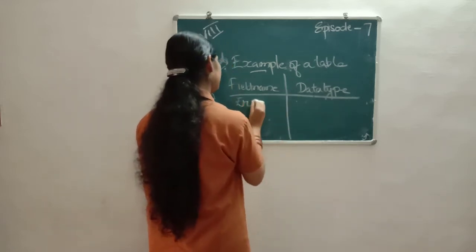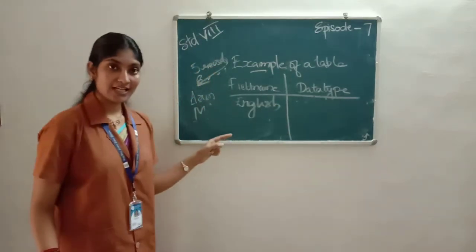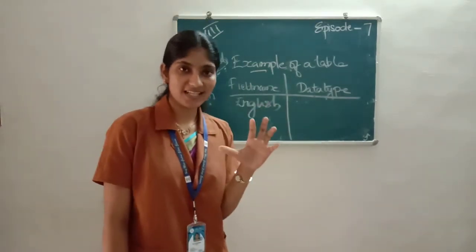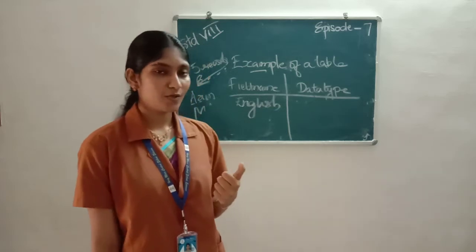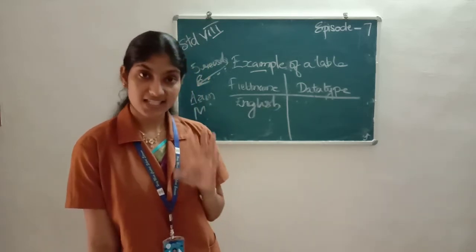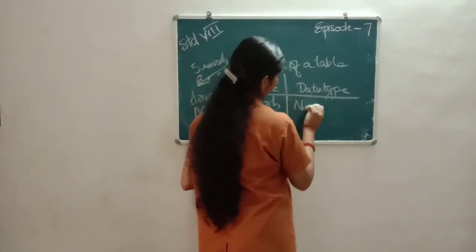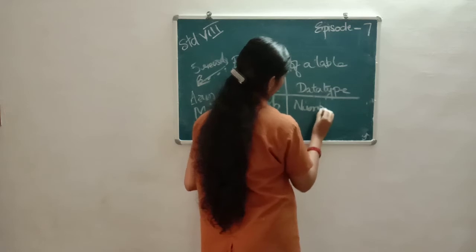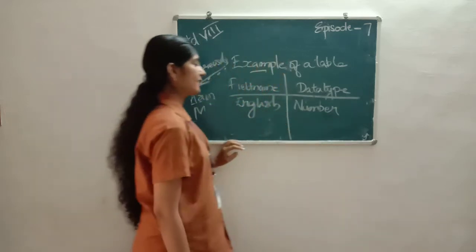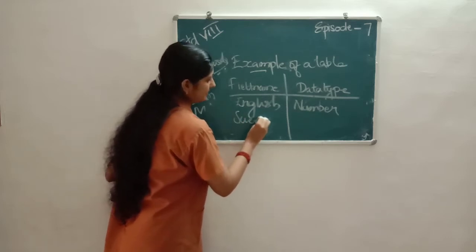Next one is English. English means it's not text, English marks. So English marks contain numbers. So can you tell me what is that data type? It's a number. Then another example, science or maths marks. Science.